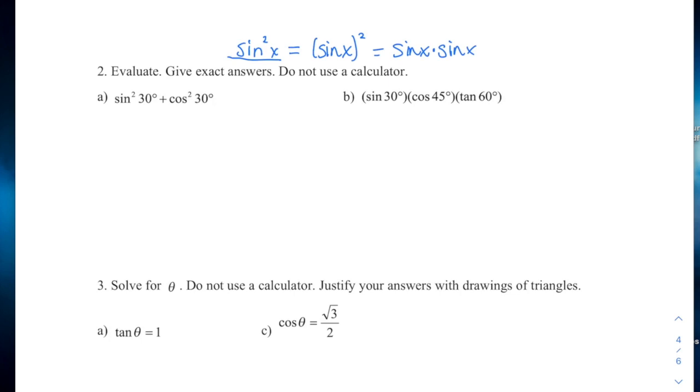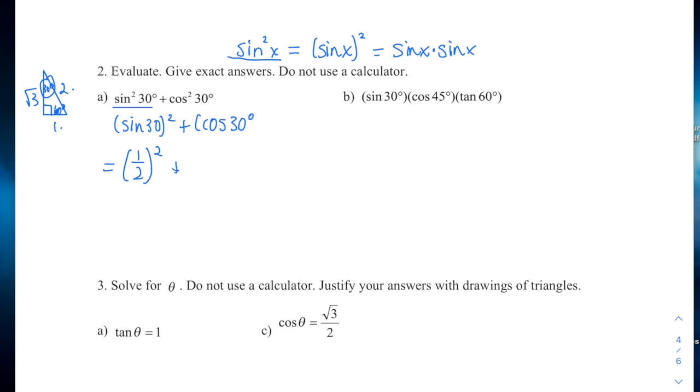But what this actually signifies is sine x multiplied by itself, 2 times. So if I want to evaluate sine squared 30, the first thing I need to do is figure out what sine 30 is, and then I raise it to the power of 2. So if I have 30 and 60, 1, 2, root 3, I know sine of 30 is opposite over hypotenuse.